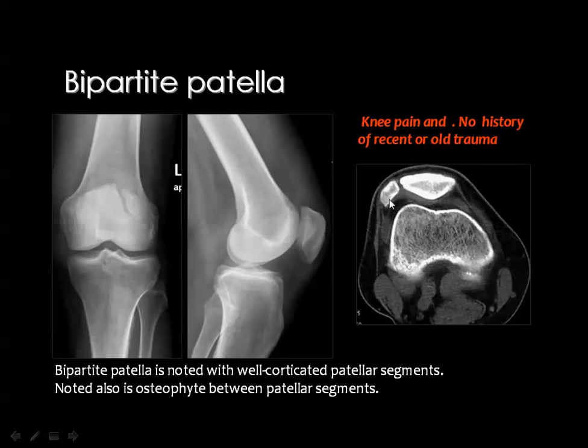Then this part is additional and is separated from the patella by a well-defined cortex. There is no history of trauma, and there are no signs of trauma, meaning that there is no soft tissue contusion or bone marrow edema or hemorrhage like in cases of traumatic fracture of the patella.